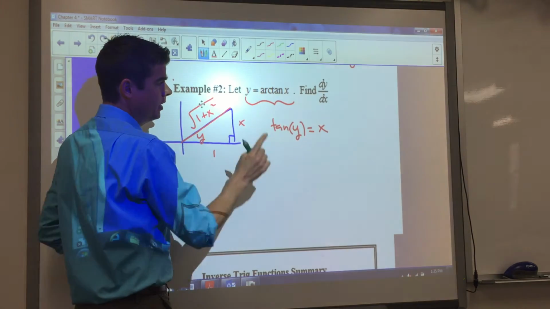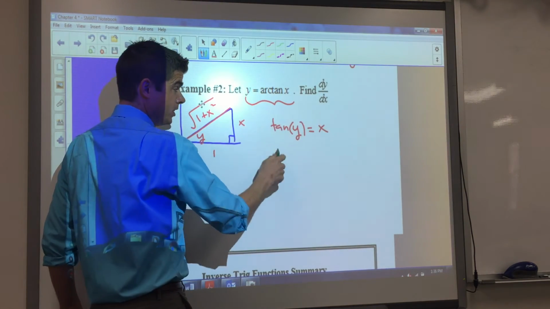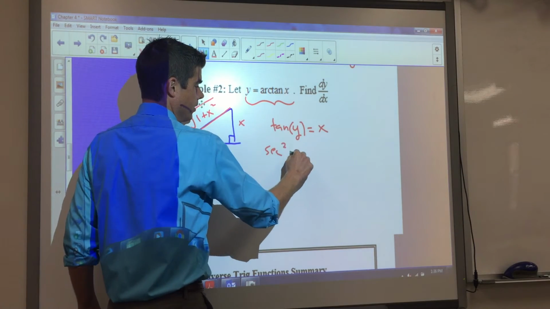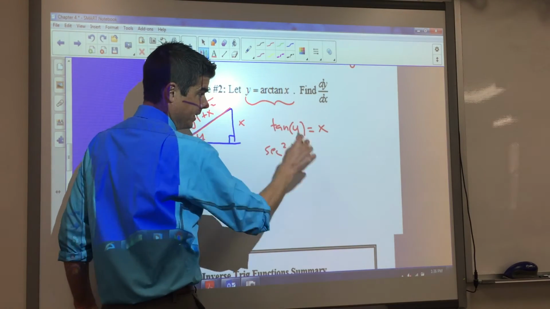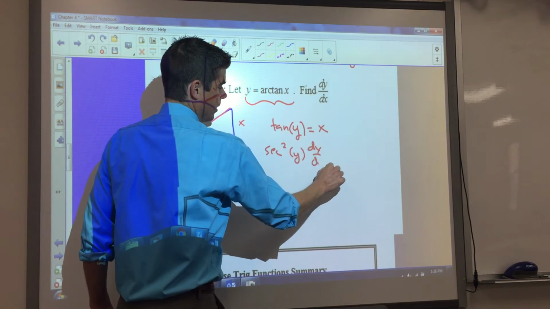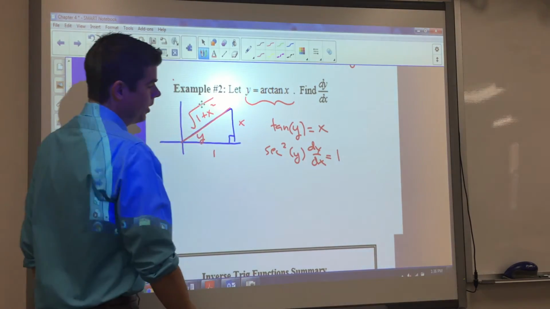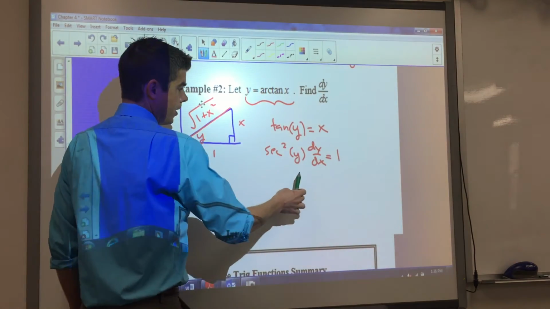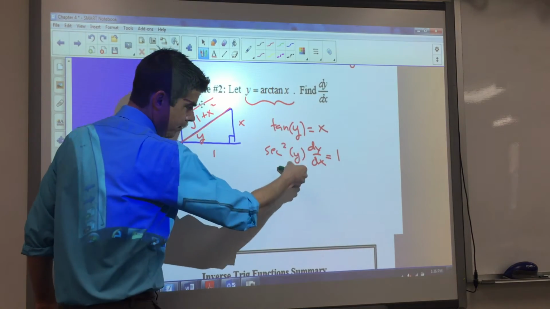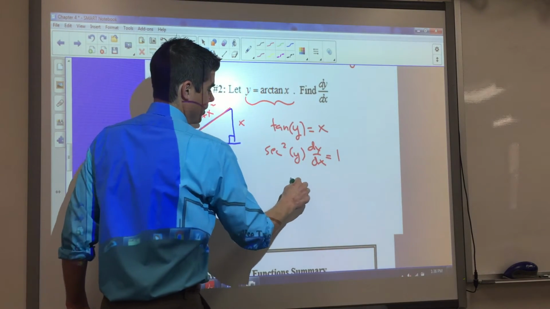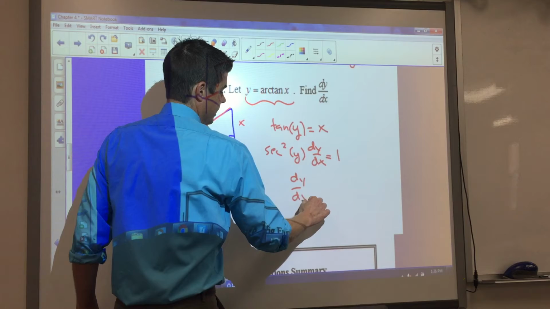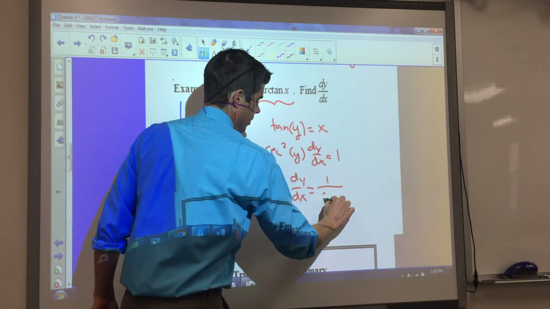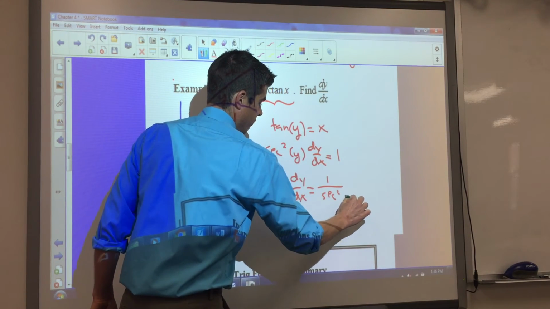Those are equivalent. And I can take the derivative of tangent: secant squared of y times dy dx is equal to 1. And then again, I can divide over the secant squared of y, so I would get dy dx is equal to 1 over secant squared of y.